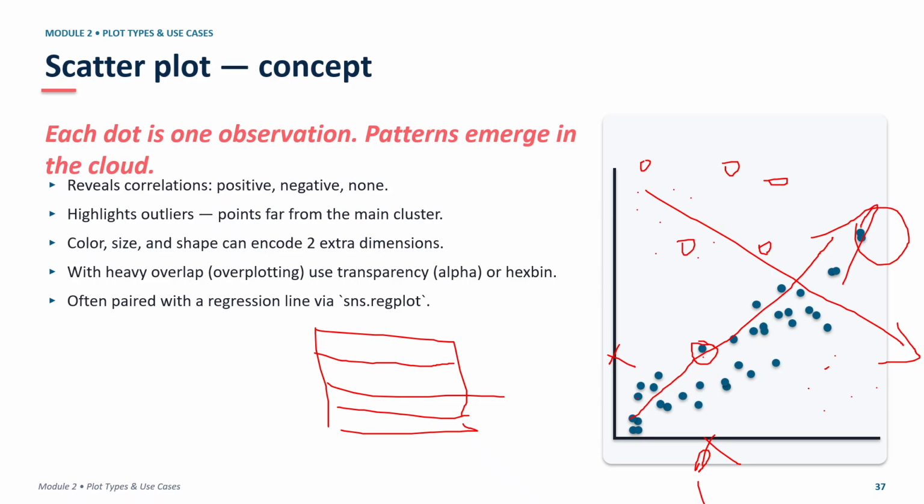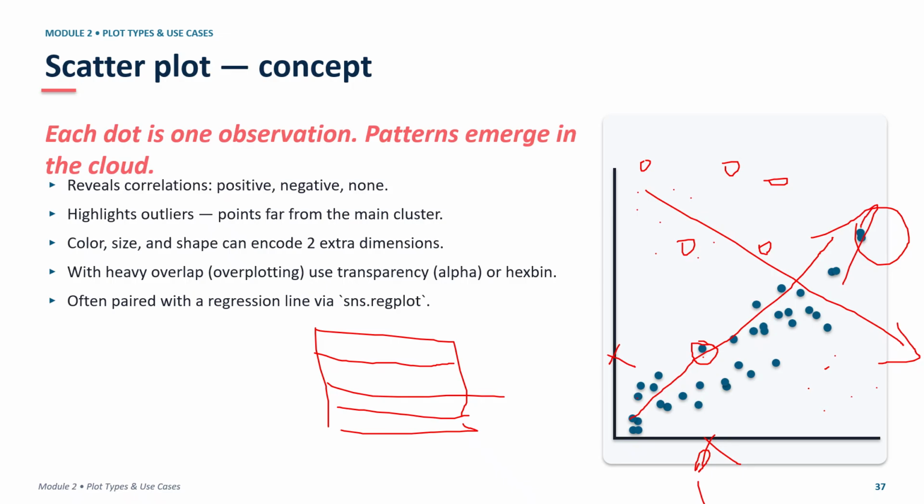You can use jitter, which adds tiny random noise to spread the overlapping points. You can use any of these overplotting techniques to overcome the issues caused by the scatter plot.